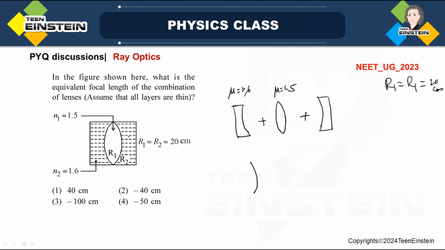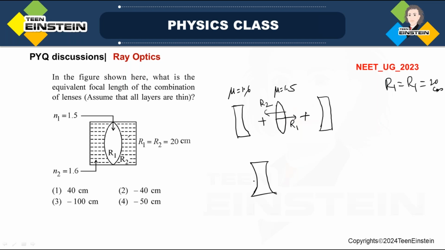Generally, for a lens we have two curved parts of two different spheres, right? For this, we take this as R1. The radius of curvature of this surface is taken as R1, and this surface we take as R2.